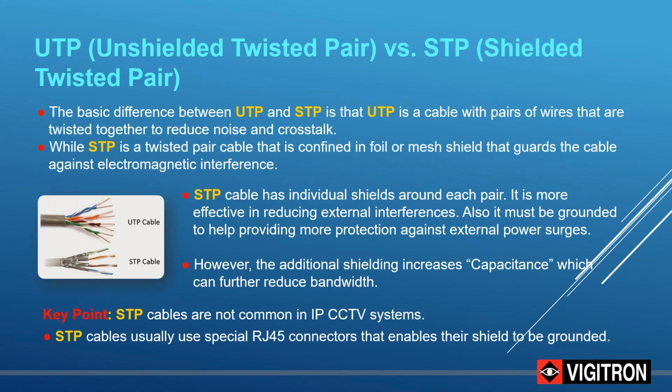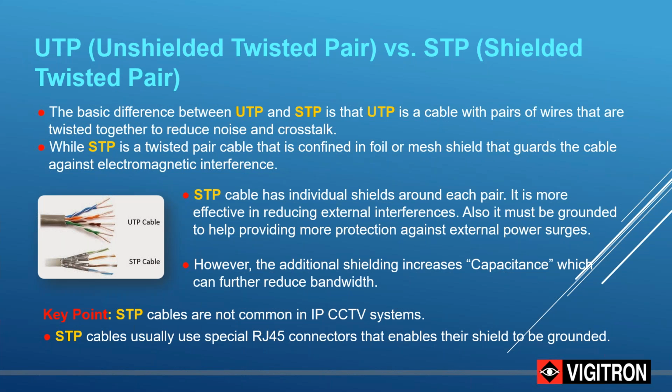Another question we get asked quite often is what is the difference between UTP cable and STP cable? UTP cable is what we're most familiar with, unshielded twisted pair, versus STP cable, which is shielded twisted pair. Again, the standards were designed around UTP cable, not STP.